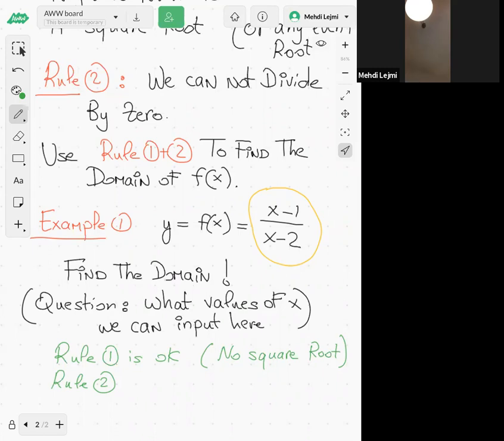Well, obviously function f is a quotient, right? It's x minus 1 divided by x minus 2. So there's a division here, right? We are dividing by x minus 2. So if you have a division, then we have to make sure that we don't divide by 0, right? So in f of x, there is a division.